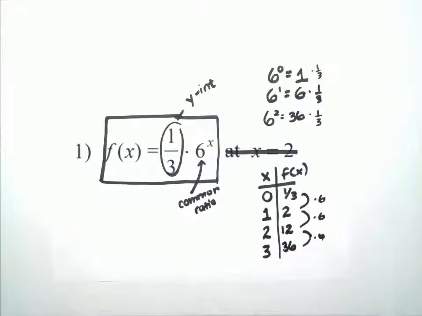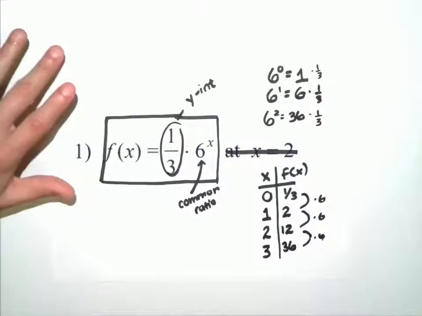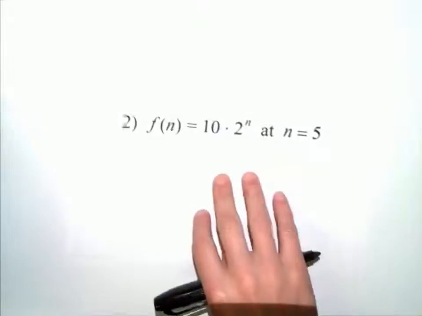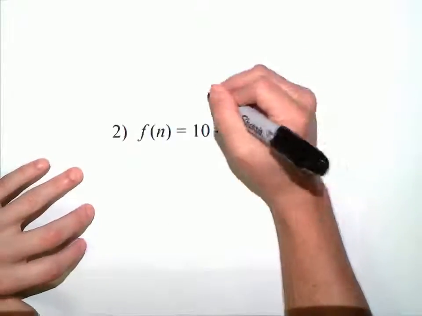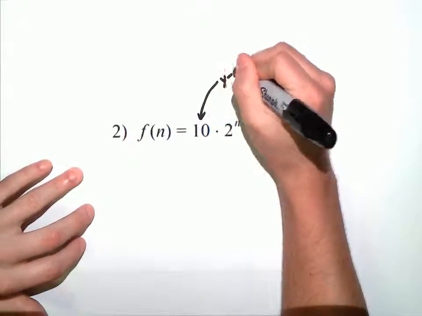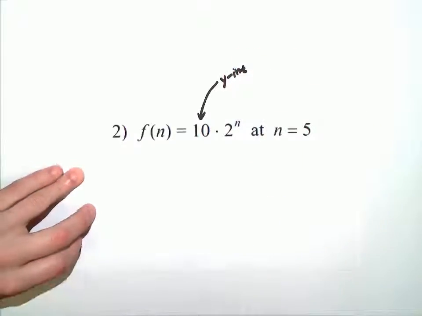Cool. So take a look at this one for me. I'd like you to take a moment right now to tell me everything you can that's true about this function. Cool. So some things that are true. The y-intercept is 10. That's true.